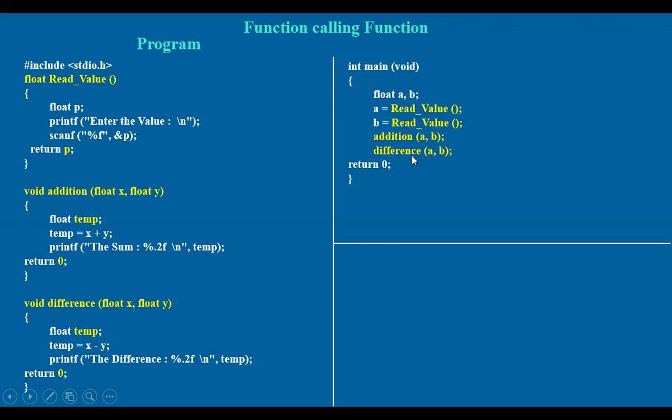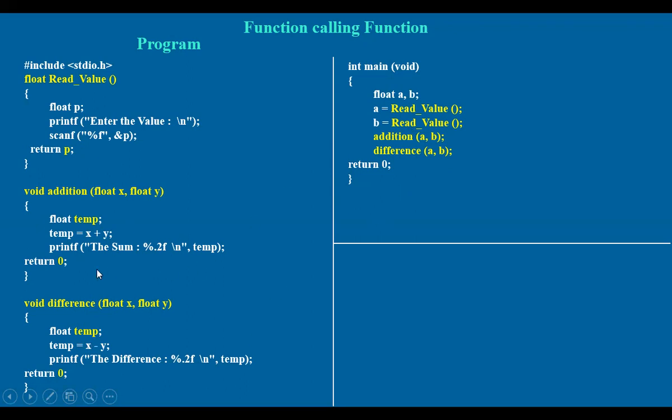Next, after this, what happens? Difference. For the difference function also, we are using the same A, B variables. These values, A and B, are passed on to this function, and they become X and Y. So X minus Y, the difference is calculated, kept here and displayed.